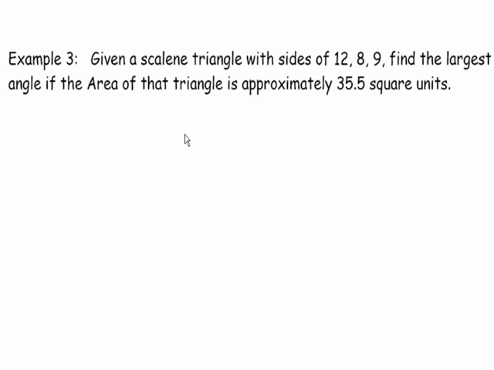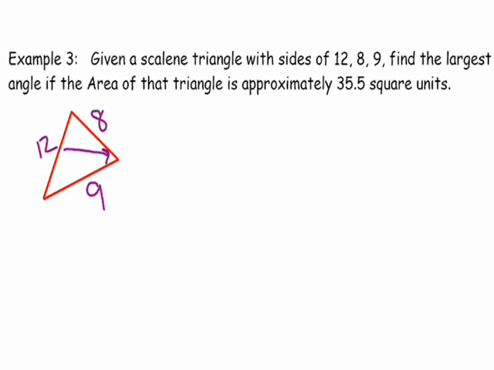All right, one more word problem, and then you are free to go. So we have a scalene triangle with sides of 12, 8, and 9. And we need to find the largest angle if the area of that triangle is approximately 35.5 square units. Well, what angle is going to be the largest angle?